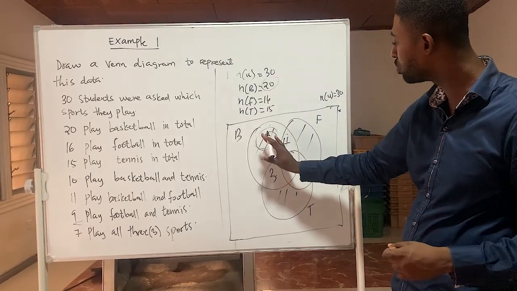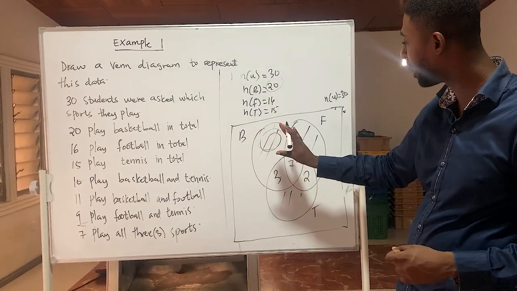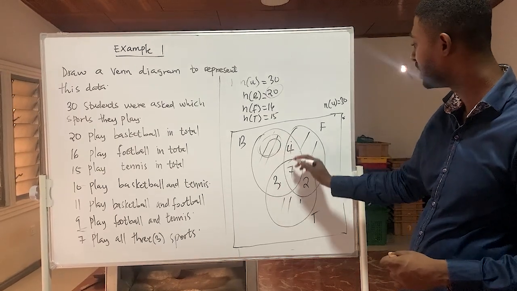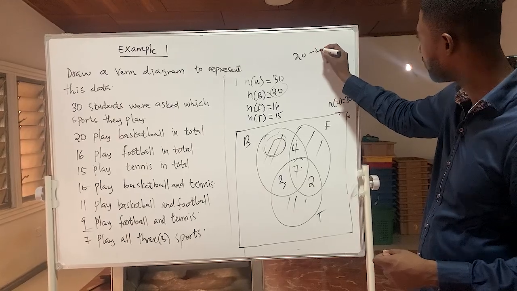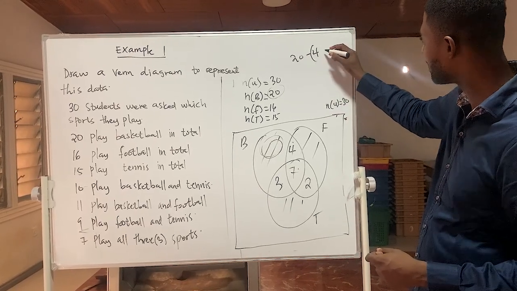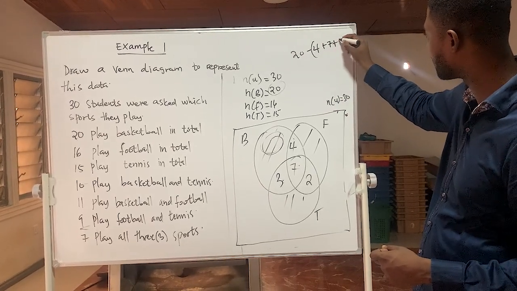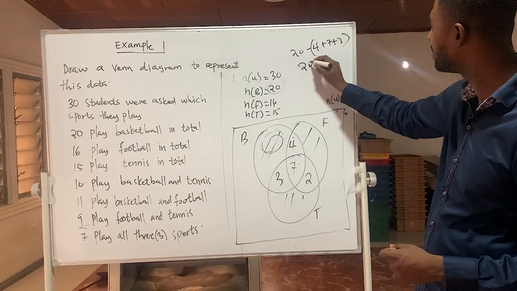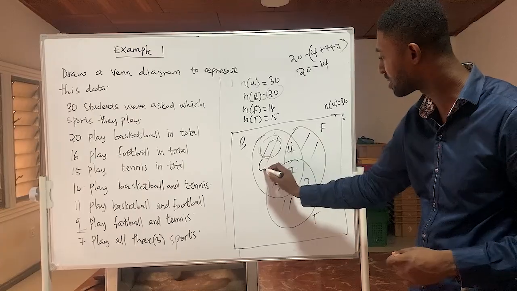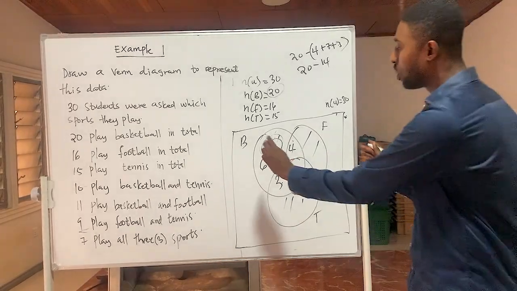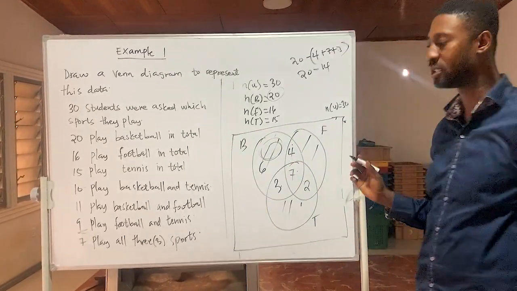So if I want to know the students who enjoy basketball only, it's going to be 20 minus the sum of 4 plus 7 plus 3. So 20 minus 14, which is 6. So 6 students enjoy basketball only.